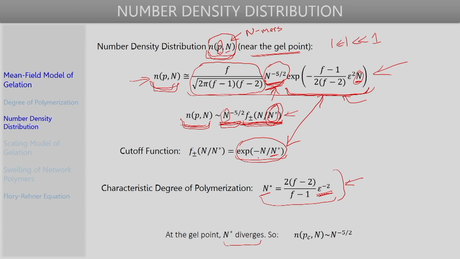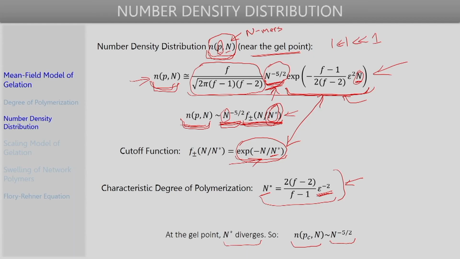We get exponential of 0 as the cutoff function, which is 1. So, at the gel point, the number density distribution simply scales as N to the power minus 5 by 2, where capital N is the degree of polymerization, and there is no cutoff function involved. These are some of the results that we obtain if we consider the mean field model for the gelation transition.